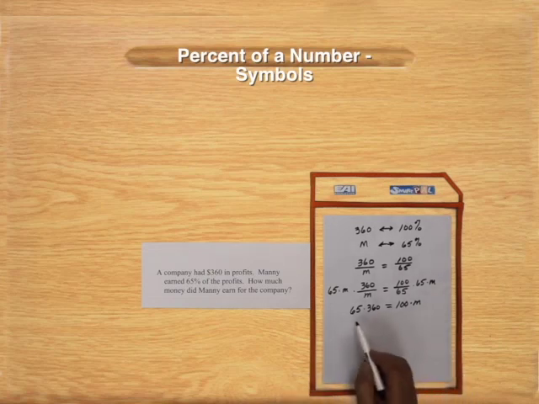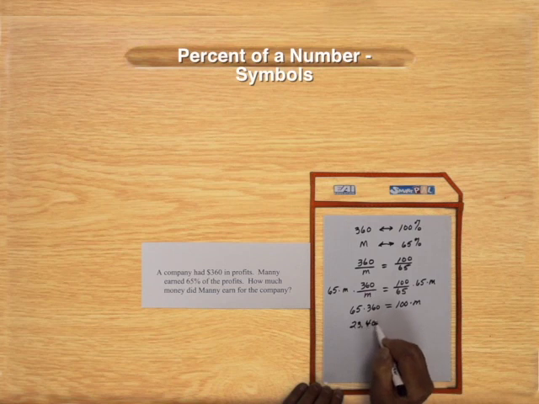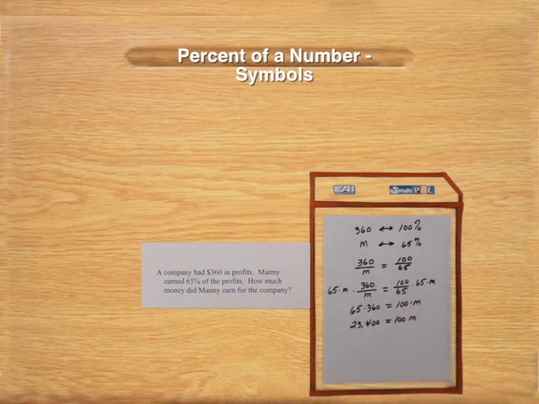Now we calculate 65 times 360. 65 times 360 is 23,400. And that's going to be equal to 100 M. When we have this in an equation, the way we now solve this equation for M is to divide both sides by 100.